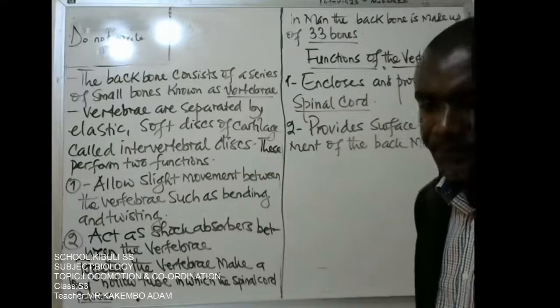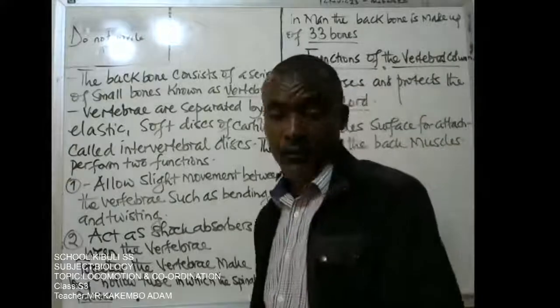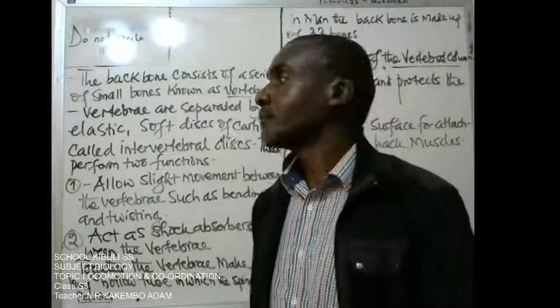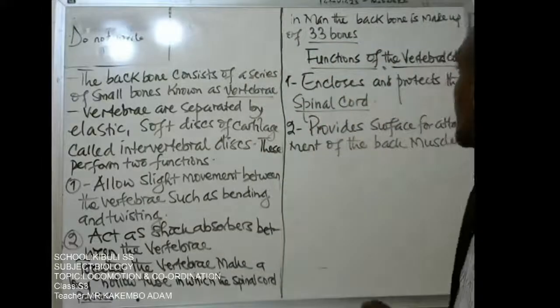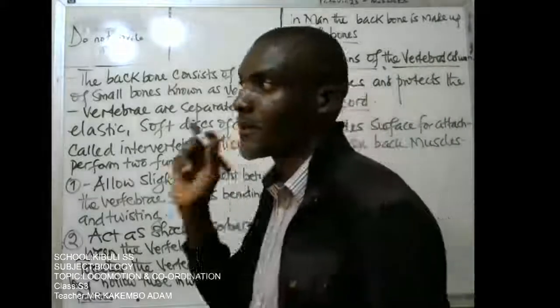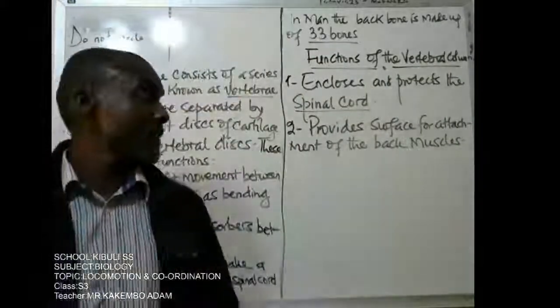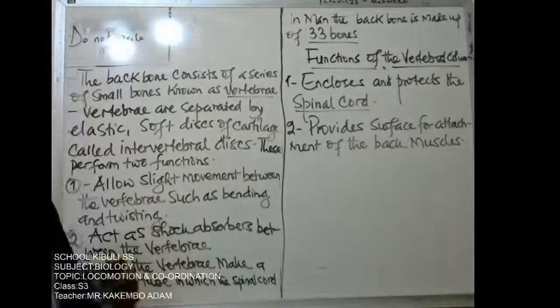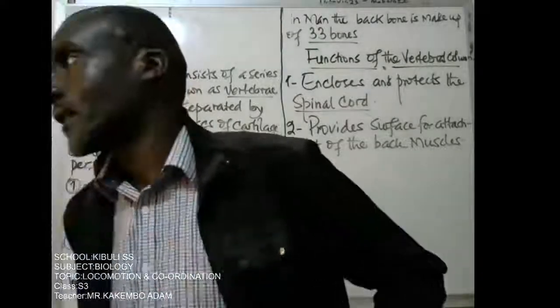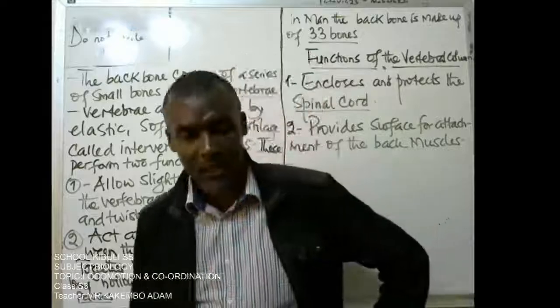Because of time, I beg we stop here for today. The vertebral column and the vertebral bones will be the next part we shall look at, the different names of the different vertebrae from the neck region to the chest or thoracic region to the abdominal region, then the last one on the tail.